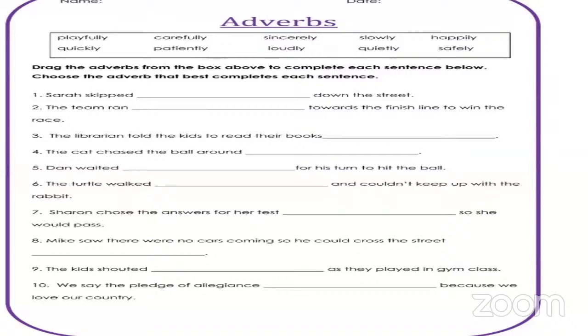Pay attention to the adverbs, right? And the spellings given and fill in the blanks. Shall I read the sentences for you?